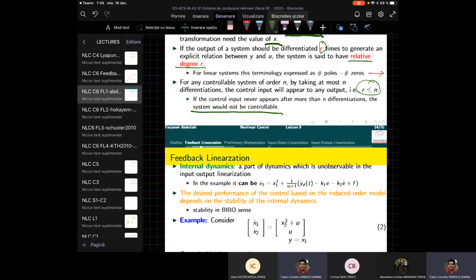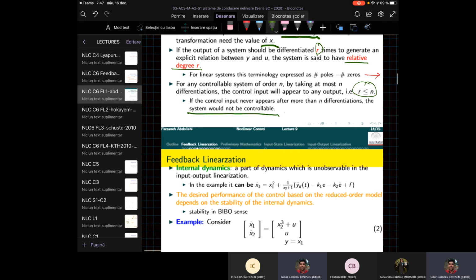A system is not controllable if after n differentiations u doesn't show up in y. This is very interesting. In the linear case, this is related to pole zero cancellation.